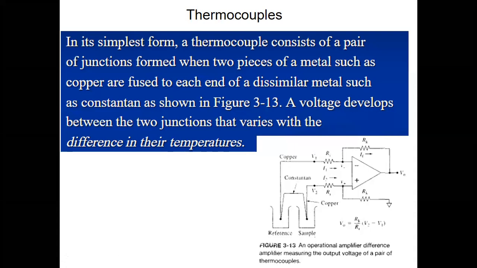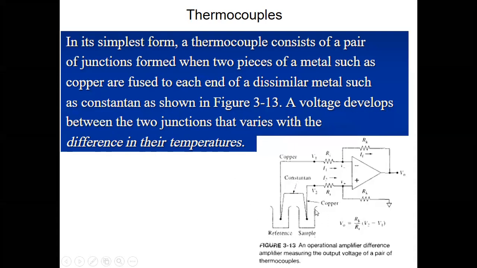And when we place the reference and the sample, now the voltage develops between the two junctions, and see here a voltage develops between the two junctions that varies with the difference in their temperature.